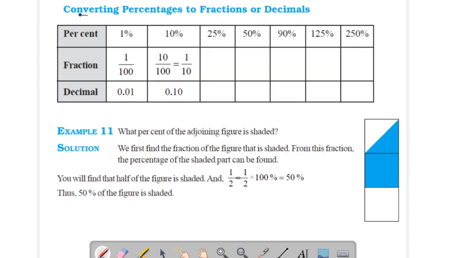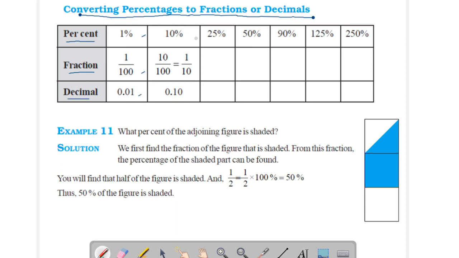Now converting percentage to fractions or decimals. Say first one is percent, then fraction, then decimal. Here in percent it is 1%. 1% in fraction can be written as 1 upon 100, and in decimal we can write it as 0.01.